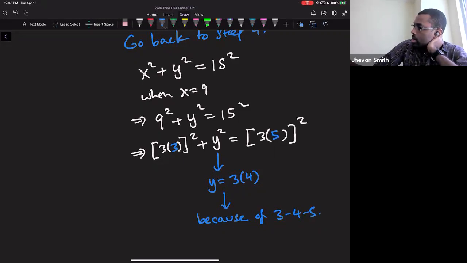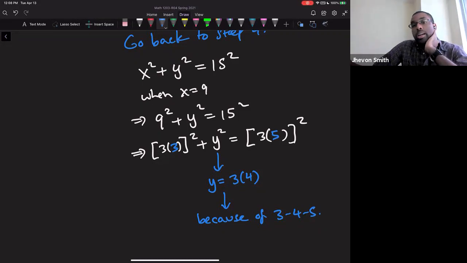Another one is 5, 12, 13. Right, so that's 5 squared, 25, plus 12 squared. That will be 25 plus 144. That gives you 169, which is 13 squared. So 5, 12, 13 often come together.